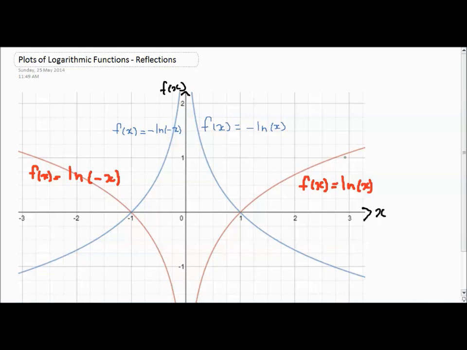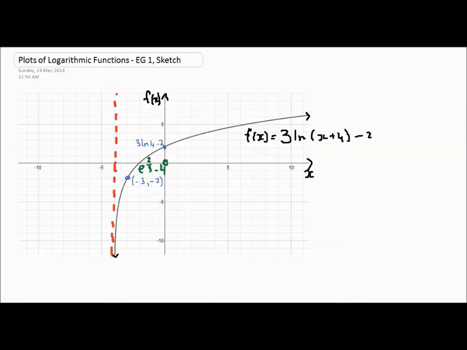This one I'm tracing out here. Okay, it's going to rise from left to right, like this one here, and it's just being shifted around the number plane a bit. So this is what it does in fact look like, and notice what I've got plotted: the y-intercept, the x-intercept there, e to the power of 2/3 minus 4.